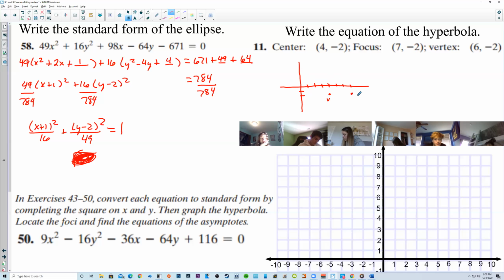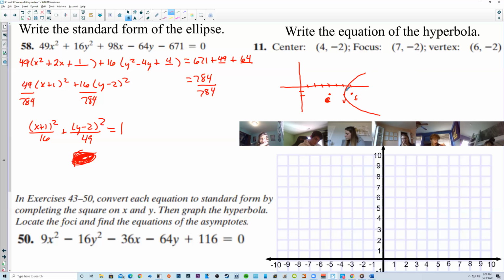So there's the vertex, there's the focus. And, oh no, that's the center. Excuse me, that's the center. I knew that was wrong as soon as I said it. The vertex is 6, negative 2. That's the vertex there. Now that tells us a lot. And this is opening to the right, this hyperbola. It's going towards the focus.